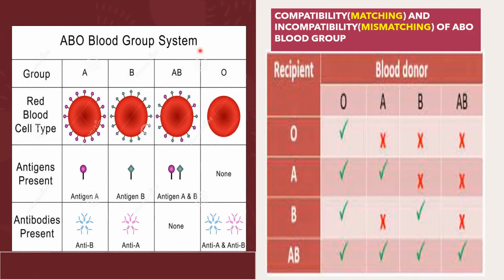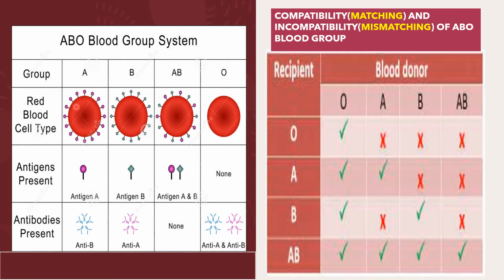ABO blood group system. You can see the ABO blood group system in human beings. Mainly 4 types of blood group you can see: blood group A, blood group B, blood group AB, blood group O. Based on the type of antigen present, they are classified into 4.